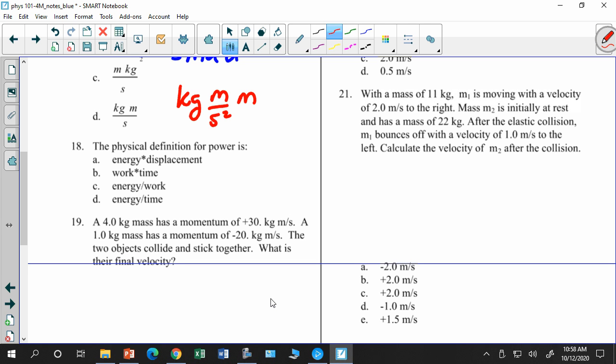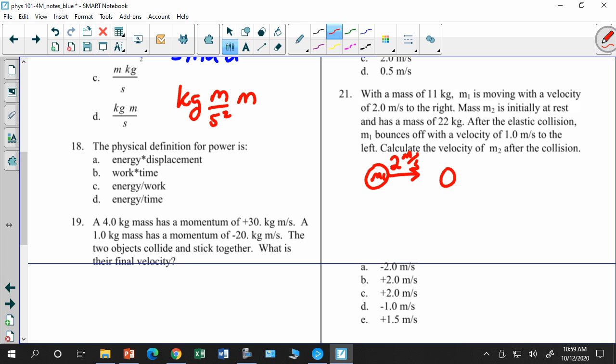I have a mass of 11 kilograms, M1. It's moving 2 meters per second to the right. Mass M2 is initially at rest. They have an elastic collision, and they bounce off with a velocity. The M1 bounces with a velocity to the left. So my figure is going to look like this. M1 is moving to the right with 2 meters per second.